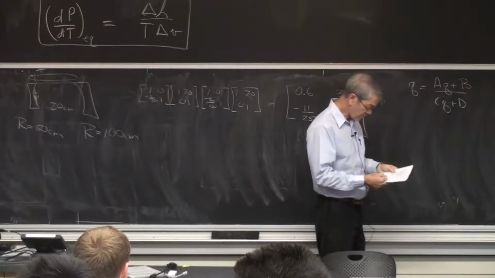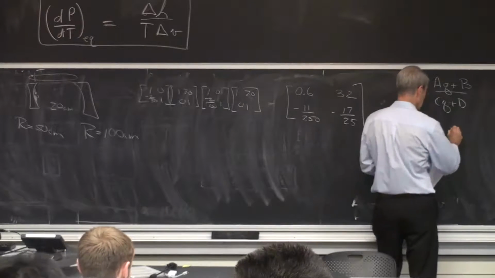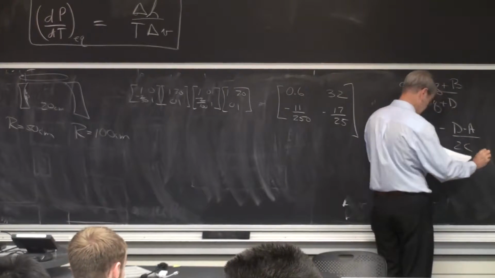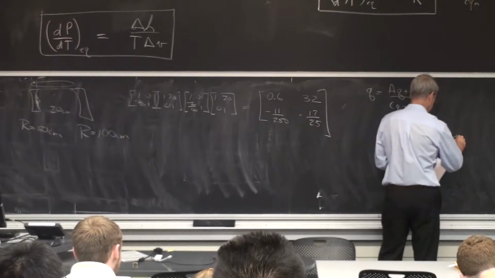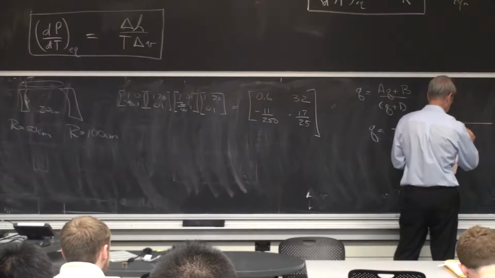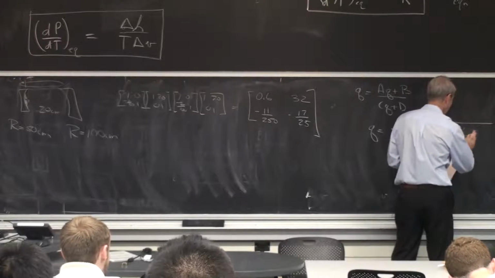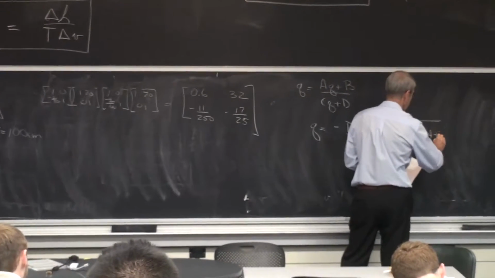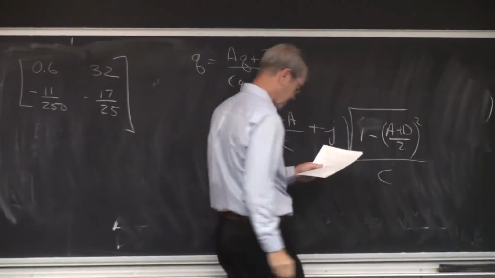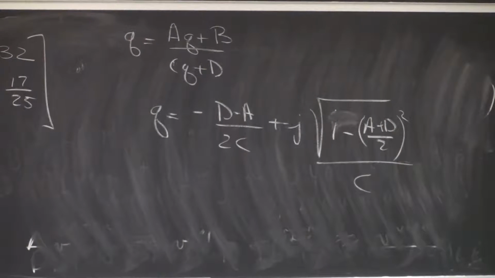And so you mess around with this a bit, and you find that Q equals minus (D minus A) over 2C plus J times the square root of (1 minus ((A plus D) over 2) squared), all divided by C. Is there a reason you choose the plus J?